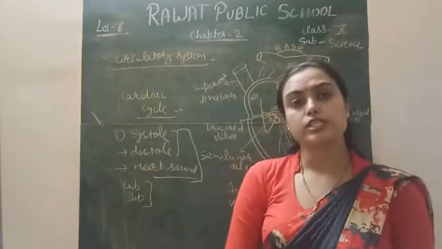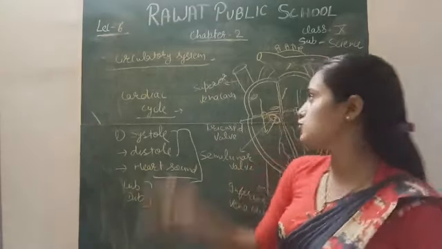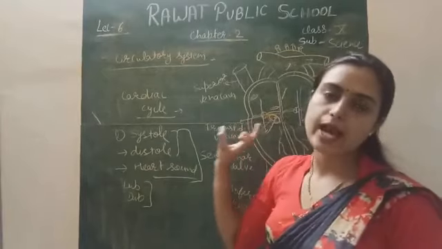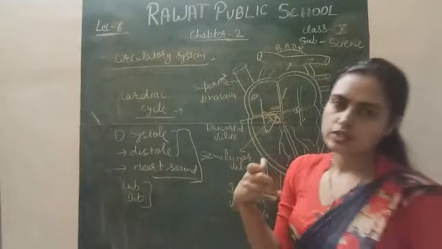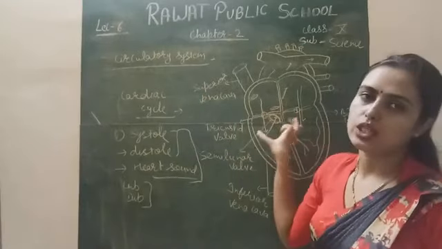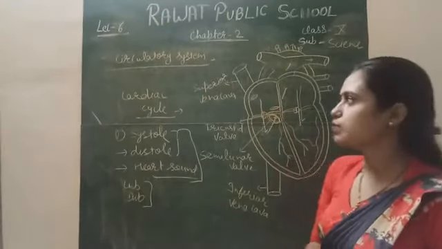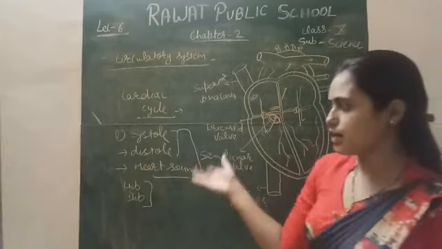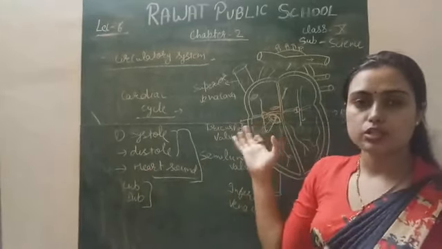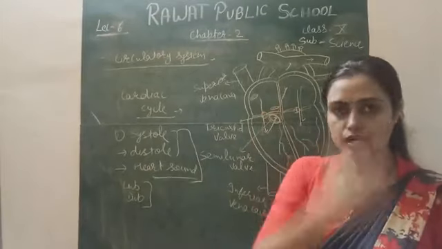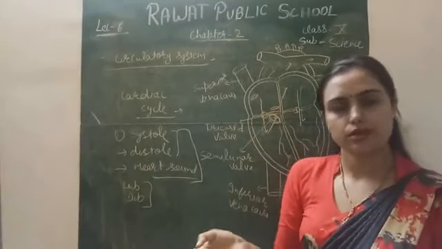The pulmonary artery always contains deoxygenated blood and is present only in the heart, and similarly the pulmonary vein contains oxygenated blood and is present only in the heart, right? So this is the cardiac cycle, the heart sound, and how the oxygenated and deoxygenated blood comes and goes into the body parts, right?